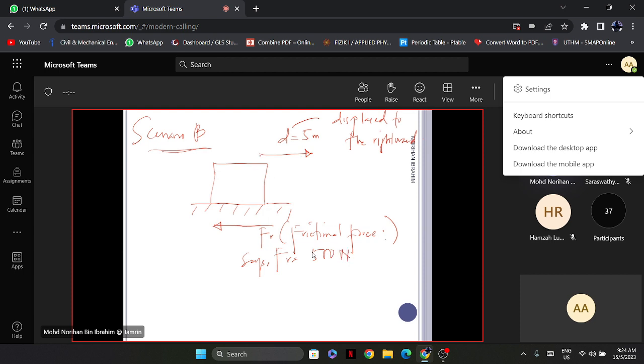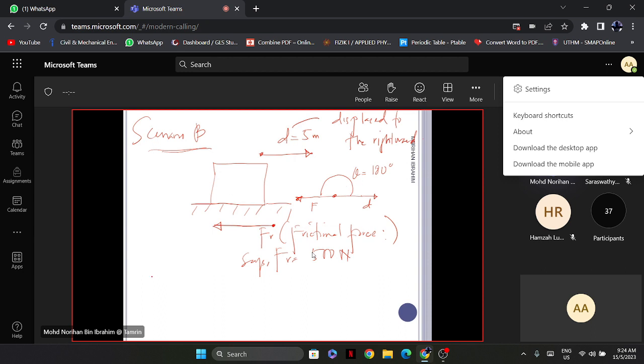So if you look at this one, the displacement vector and also the force vector are in the opposite direction. Kan? D to the rightward, Fr to the leftward. So dia akan membentuk sudut which is equal to 180 degree. Ini adalah D, ini adalah F, ini adalah theta.